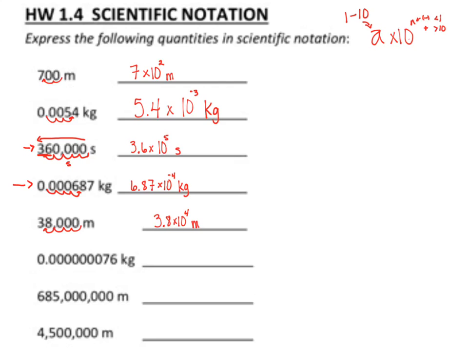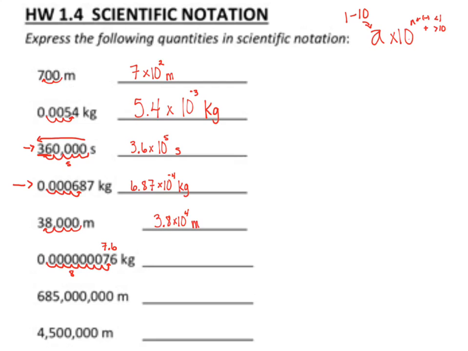All right, here's a really small number, and here we have to move our decimal point 1, 2, 3, 4, 5, 6, 7, 8 places, and that way this number becomes 7.6, which is between 1 and 10.